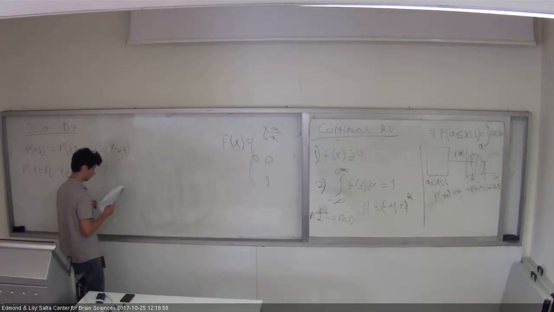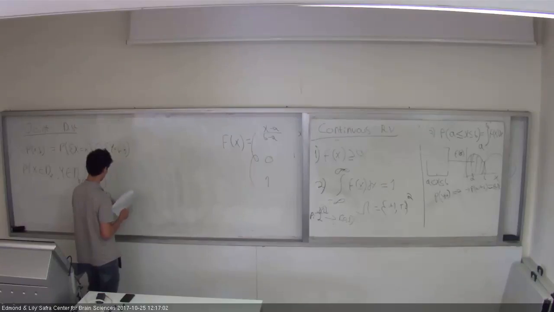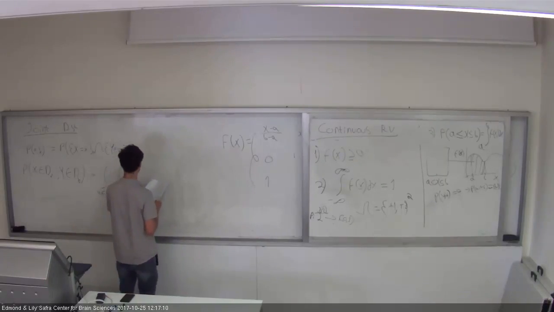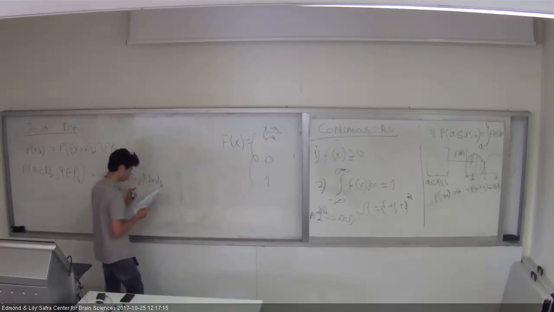So it's an integral over all the values in the area of x and an integral over all the values in the area of y, of f x y, dx dy. Okay?